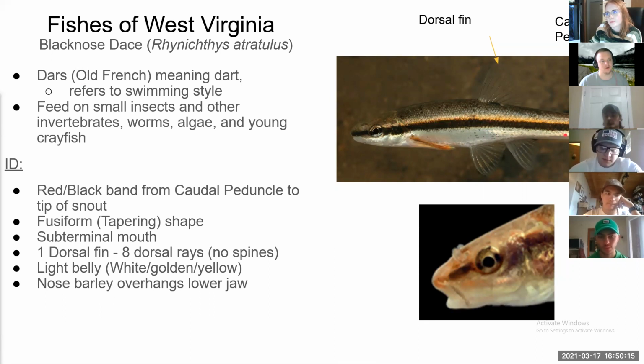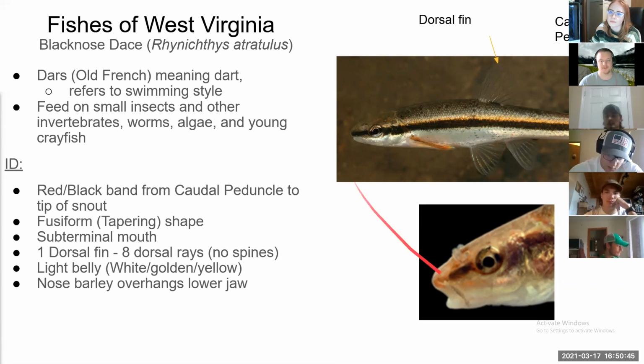It has a pretty fusiform body shape, so tapering at both ends. It has one dorsal fin with no spines in it, again, because it is Cyprinidae. Its mouth is subterminal, so not directly down, not directly flat, but coming down at an angle. It has a light belly. It might be white, it might be golden or yellow, with a dark back.